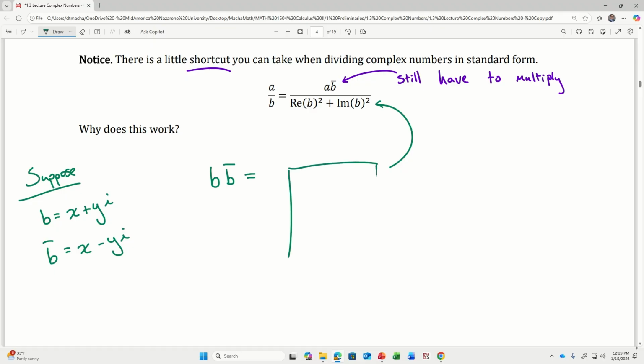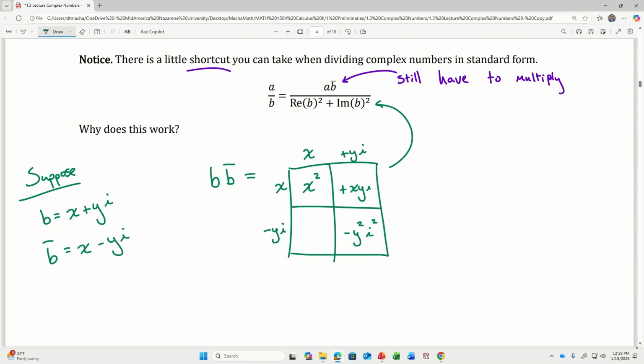This is always going to give me x plus yi times x minus yi. So I've got x squared, negative y squared i squared, plus xyi minus xyi.